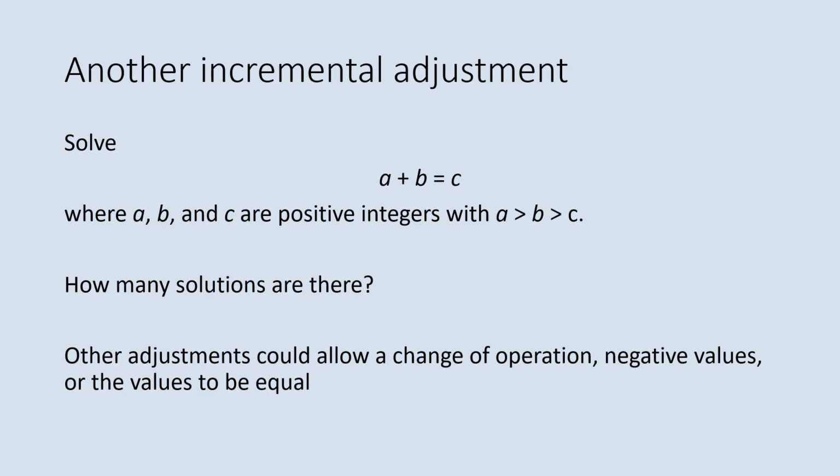We could also, instead of focusing on positive integers, allow negative values. Instead of strictly greater than or less than, we could have less than or equal to, or greater than or equal to. We can do all these incremental adjustments and see what happens to the equation, and to our understanding of that particular situation.